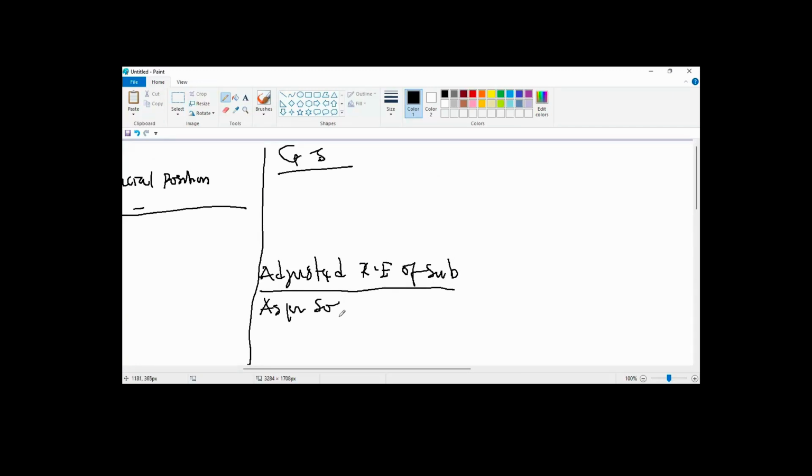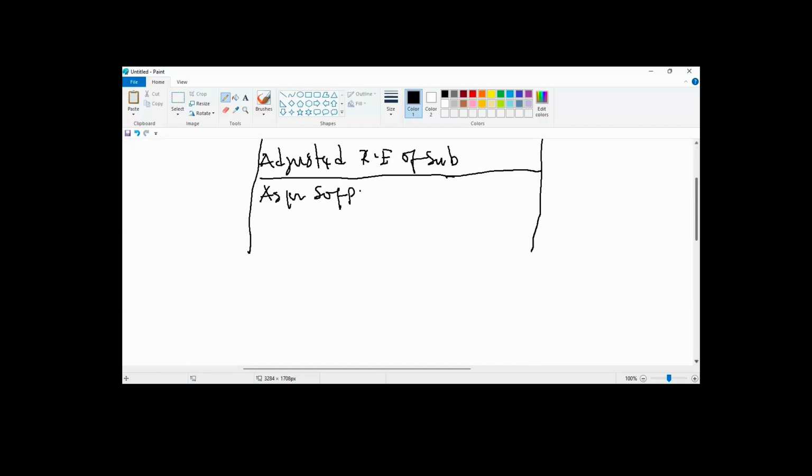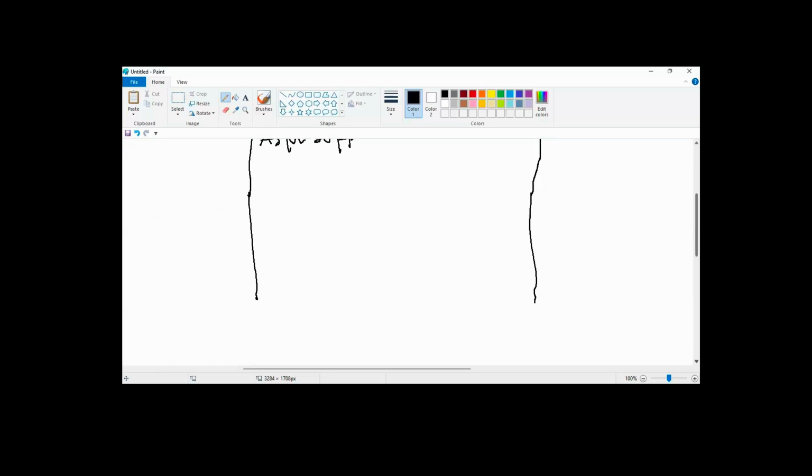As per SOFP, what was in the retained earnings of subsidiaries? Give me the figure. I hope everybody asks the question. 24,000? 24,000.